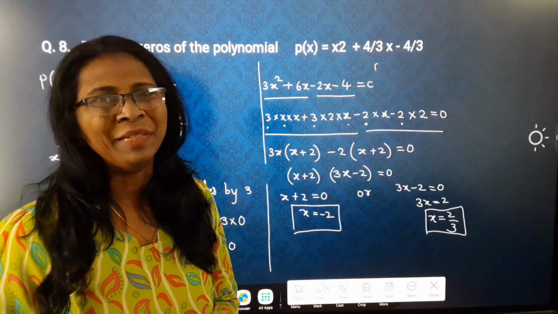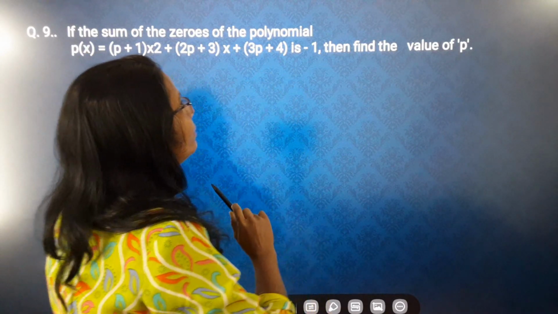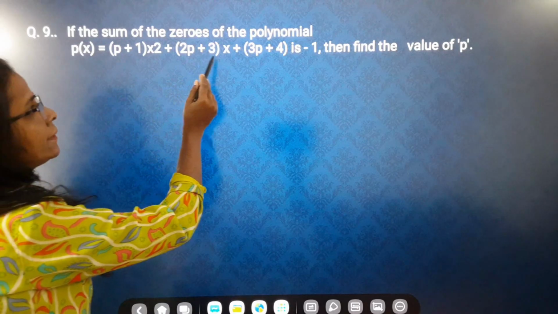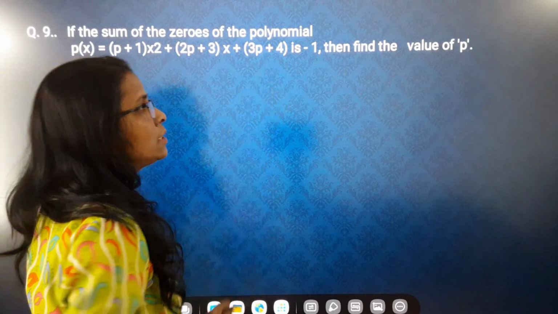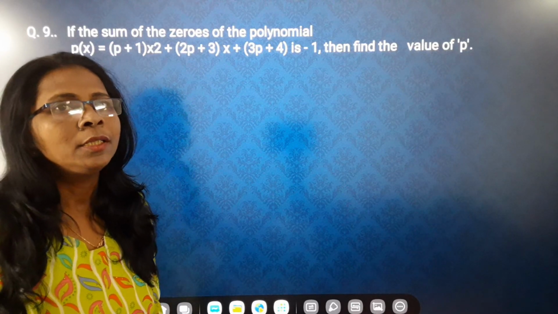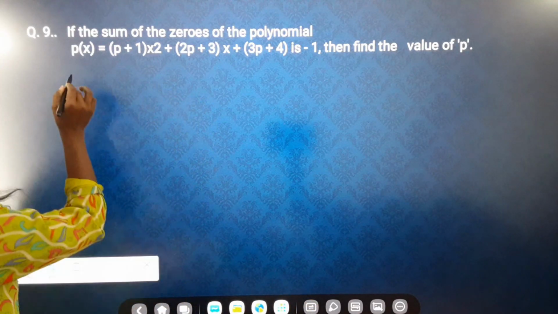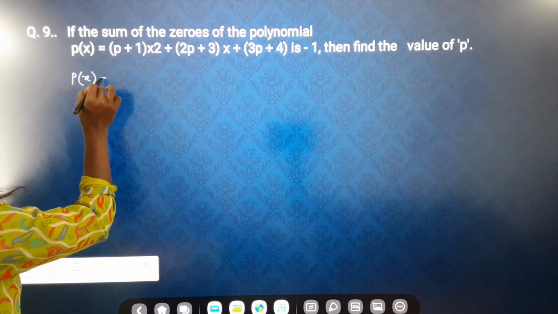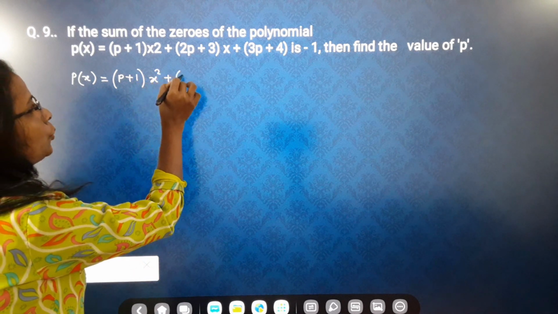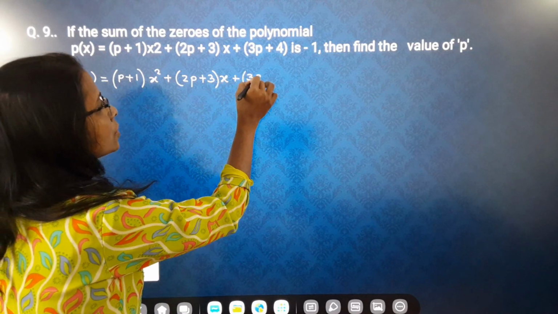Question 9, students. If the sum of the zeros of the polynomial p of x is equal to p plus 1 x square plus 2p plus 3 x plus 3p plus 4 is minus 1, then find the value of p. So now the given polynomial is p of x is equal to p plus 1 x square plus 2p plus 3 x plus 3p plus 4.